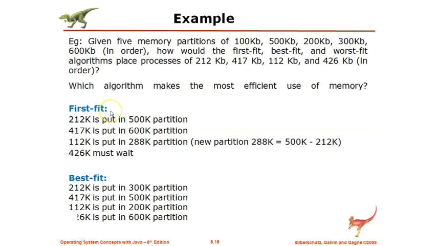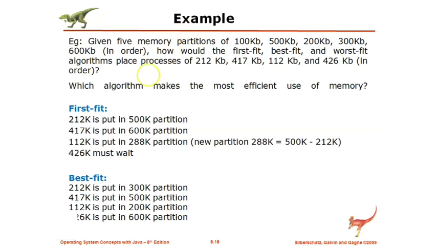Let us see this one by one. First we'll consider first fit. It will go on scanning the free partitions and select the first partition which is able to satisfy the process request.